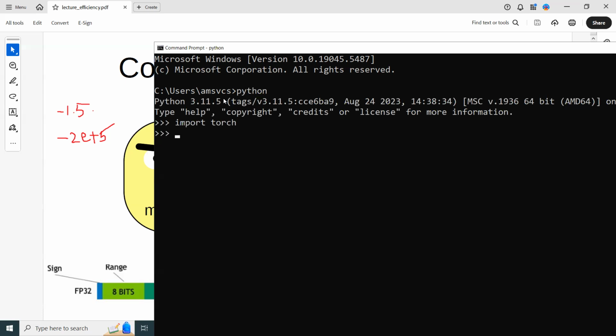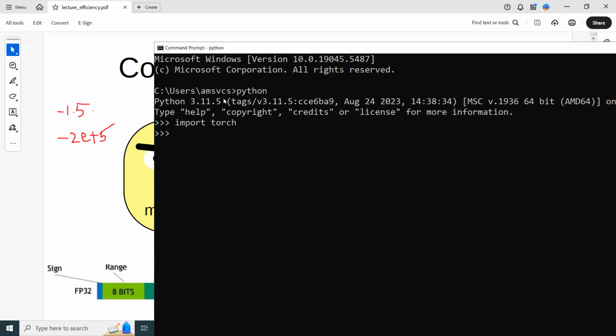And for example, I will create a tensor. This is a famous example, which is called going over 300.